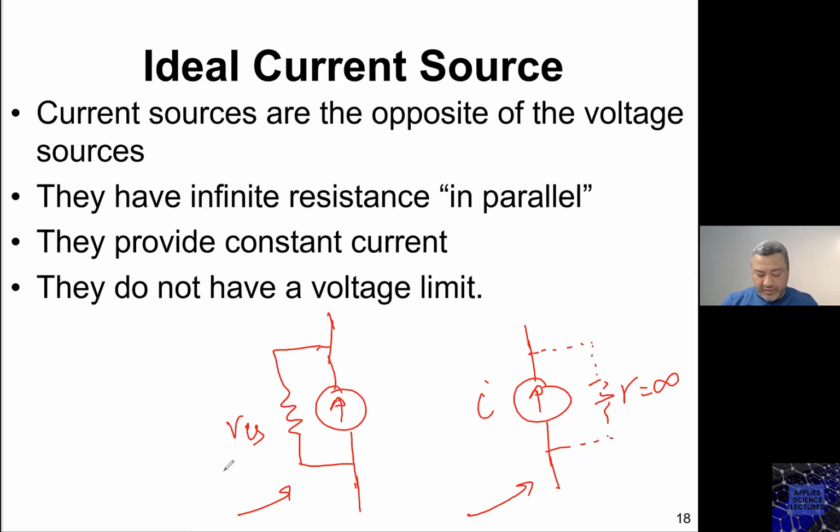Now, we said that the difference between the current source and the voltage source is basically the amount of voltage. Let's put it this way. Ideal sources don't have any restrictions on the maximum power that they generate. In reality, this is not true.